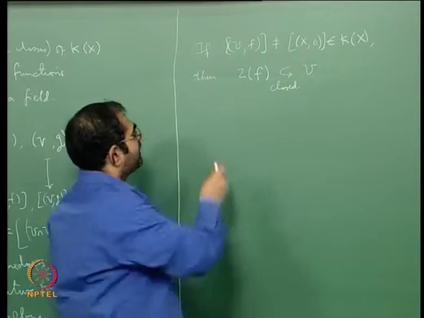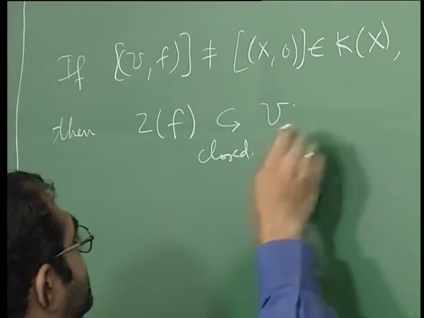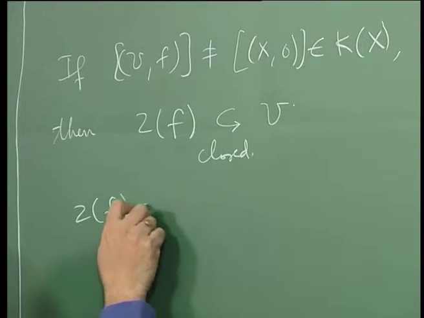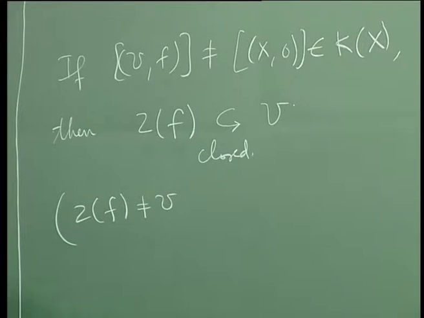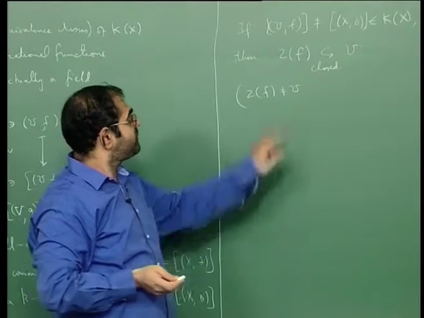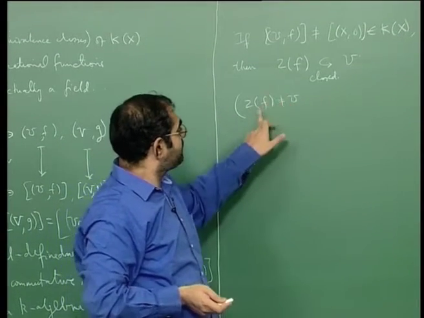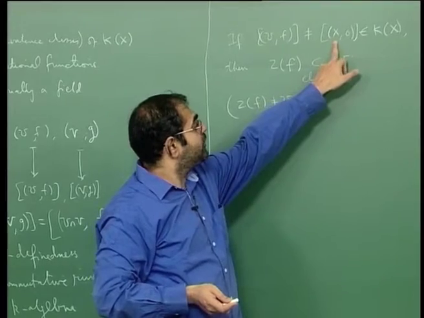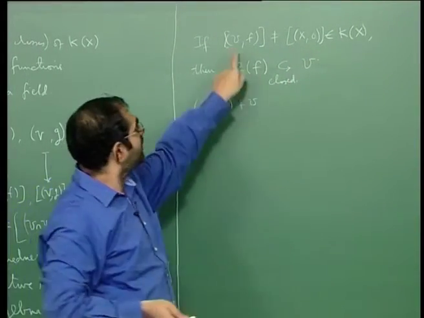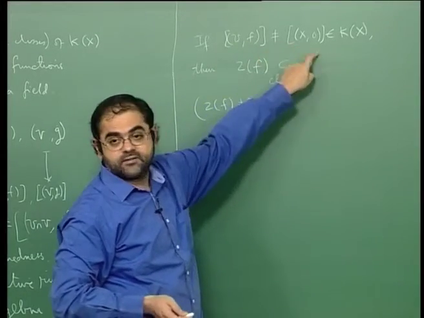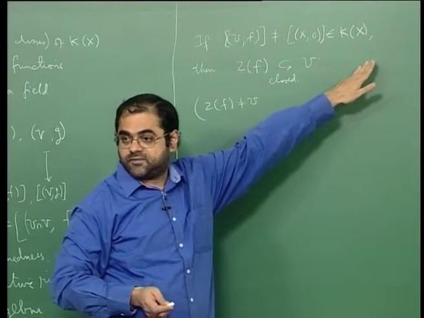So this is a closed subset, and mind you, Z(f) cannot be U, okay. Z(f) is not equal to U, because if Z(f) is U, that means f is identically 0 on U, but then if f is identically 0 on U, then f is equal to the 0 function which is identically 0 on X, and that will contradict the fact that these two are different elements of the function field, okay.